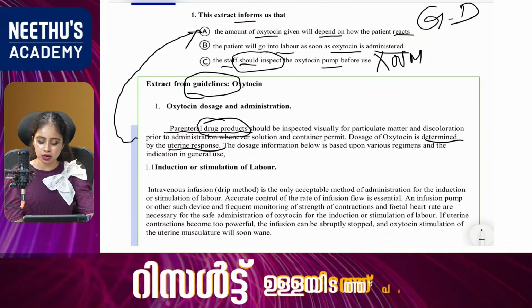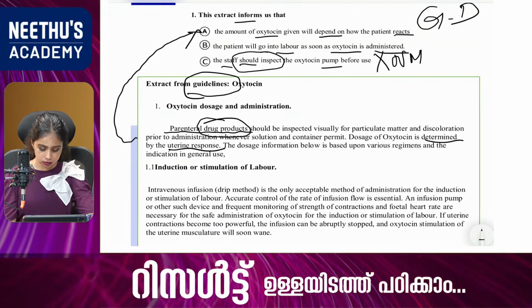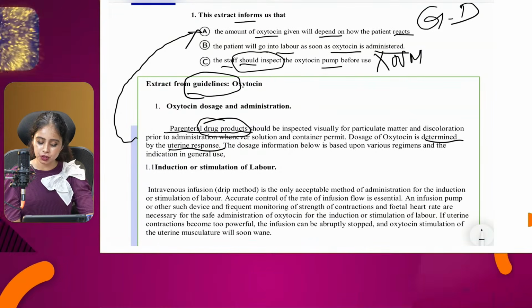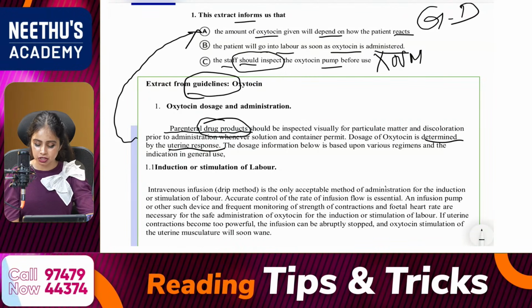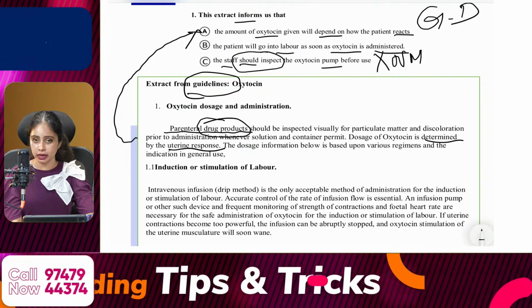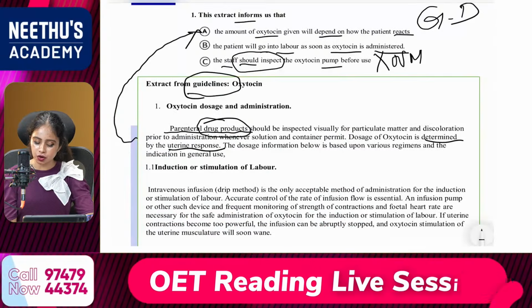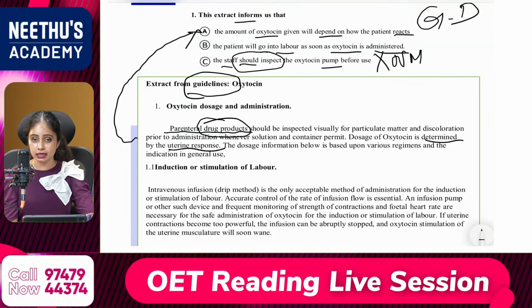Then induction or stimulation of labor. Intravenous infusion or drip method is the only acceptable method of administration for the induction or stimulation of labor. Accurate control of the rate of infusion flow is essential.